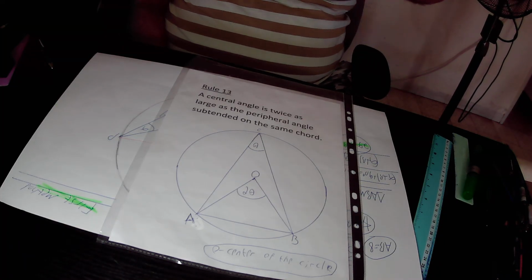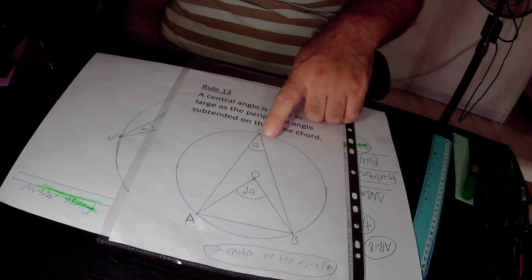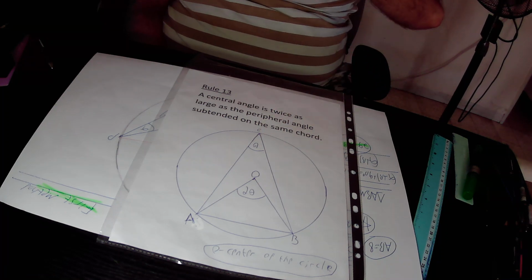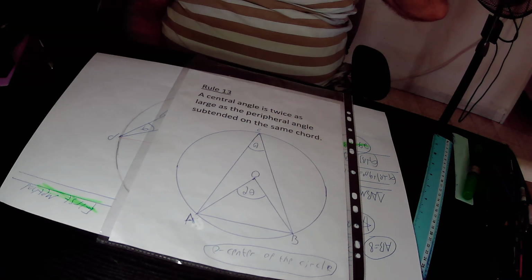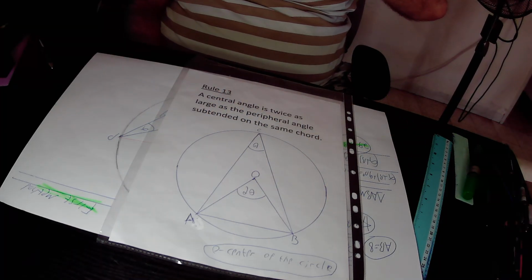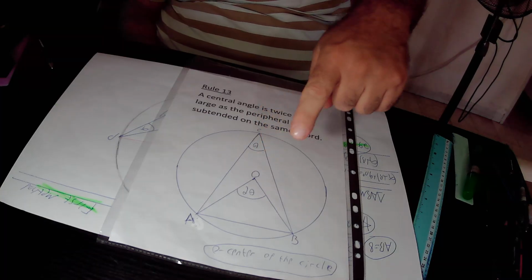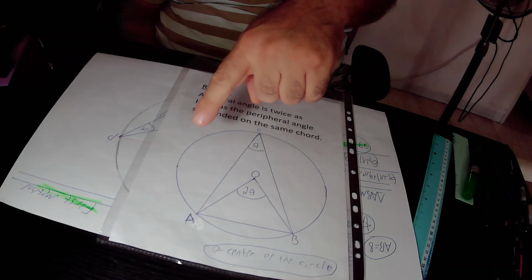So in the drawing we have a circle. This is peripheral angle ACB that subtends on arc AB. Likewise, we have central angle AOB that subtends on the same arc AB.